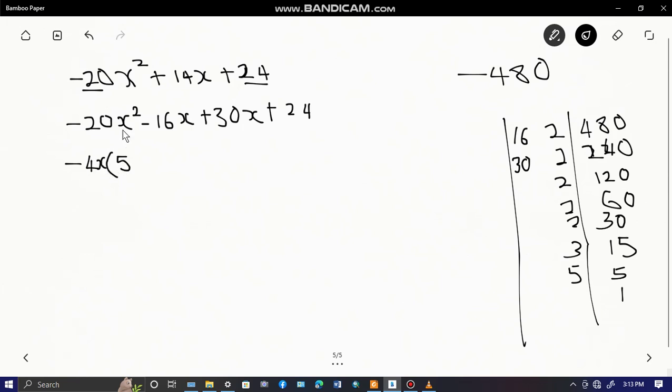Negative 4x into negative 20x squared gives 5x, and negative 4x into negative 16 gives plus 4.